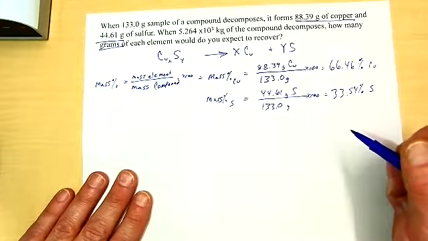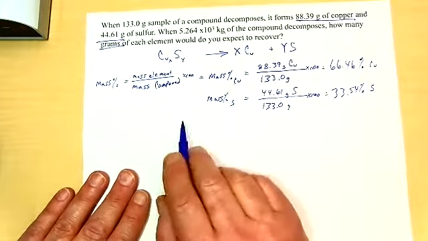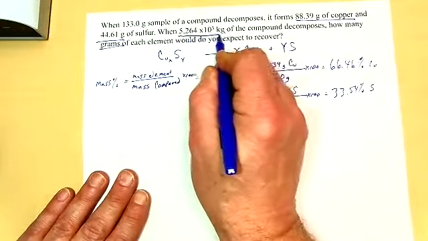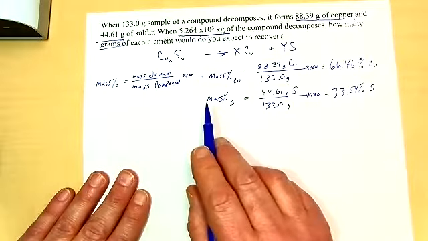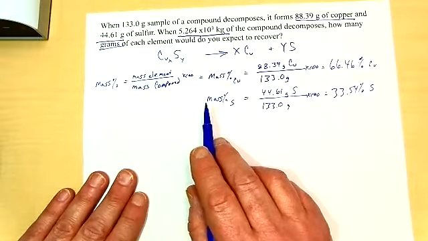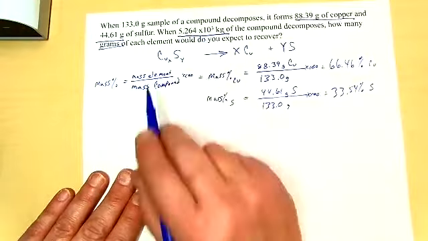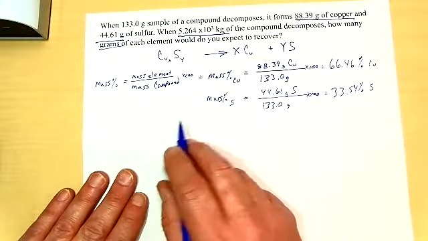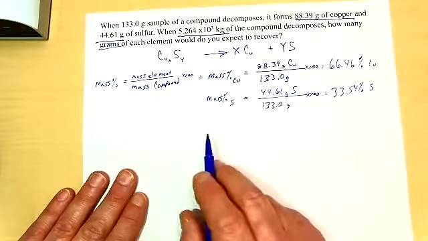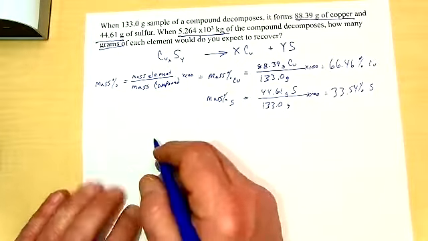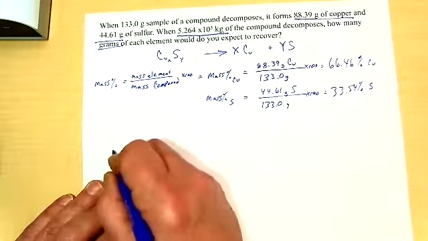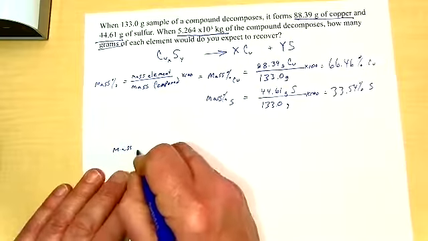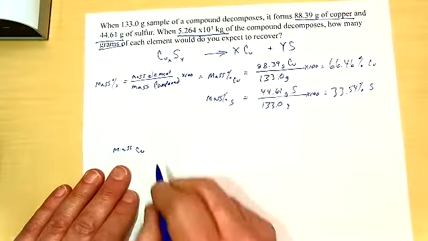Well, what we can do now is, if we want to know what the mass is in this other sample, so we have this sample that is 5.264 times 10 to the third kilograms. We want to know what the mass in grams is, then we can do this calculation. Okay, so the mass of copper, and we want it in grams.